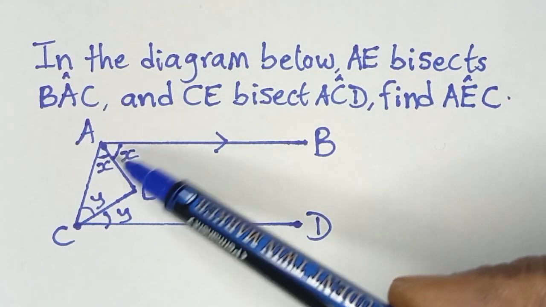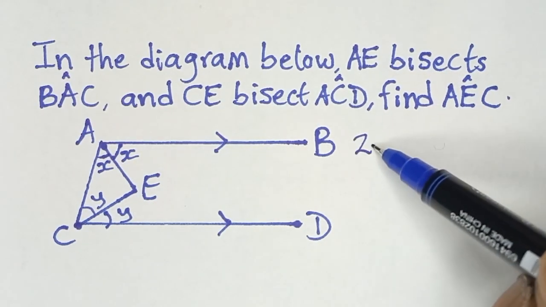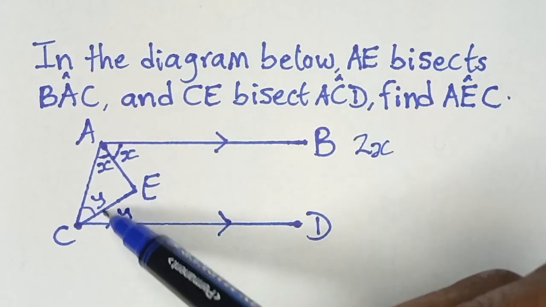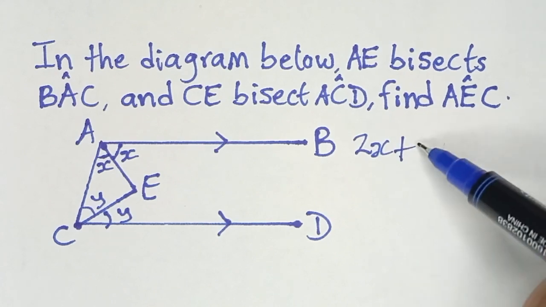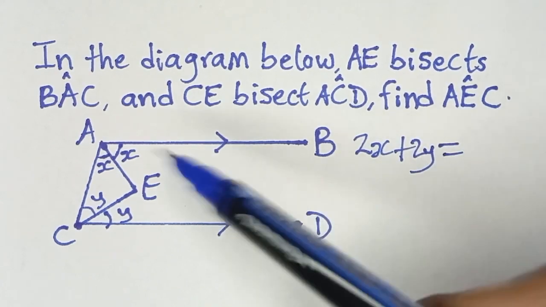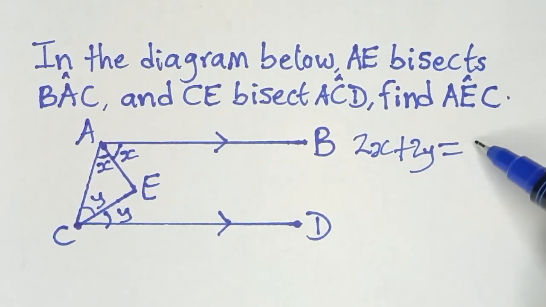The whole of this angle is x plus x, which is 2x. And the whole of this angle is y plus y, which is 2y. So plus 2y. The two of them, because they are cointerior angles, sum up to give 180.